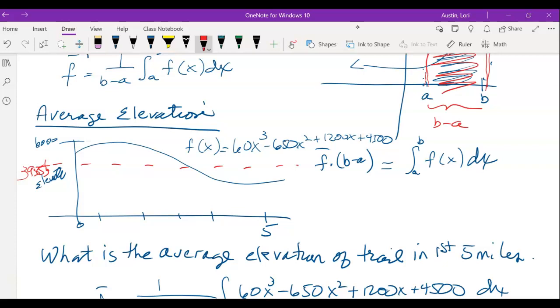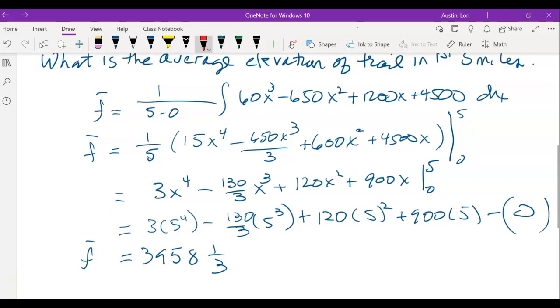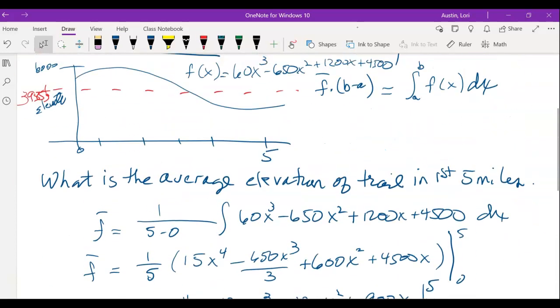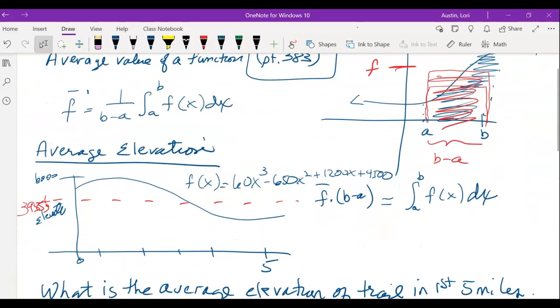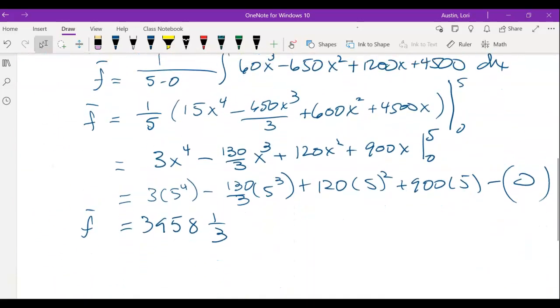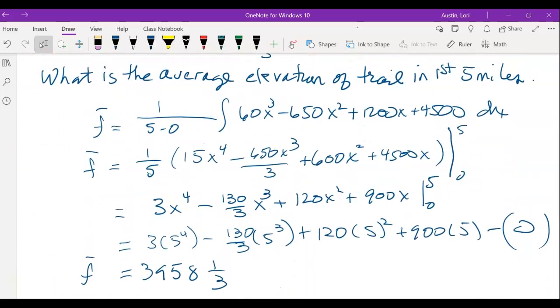But if you could say, hey, my average elevation during the 5-mile walk was 3,900, okay, it's not the area. The area would be before you divided everything by 5. So the area would be much larger. But it's not an area, it's an average elevation.